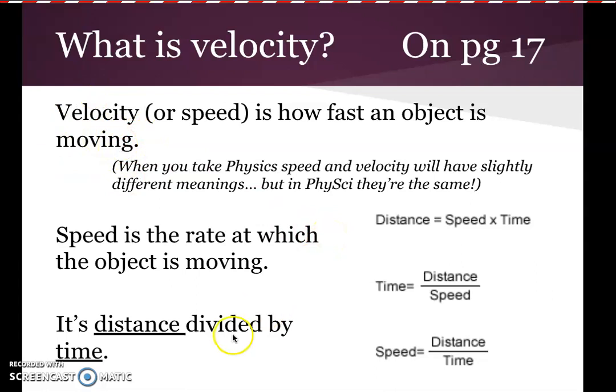And I would also write down that it's the distance divided by time. So we have our equation for speed right here, distance divided by time, and our equation for time when we have the distance and the speed, our equation for distance when we have the speed and the time. So I would jot these down. You can pause the video if you need to and write them on page 17.